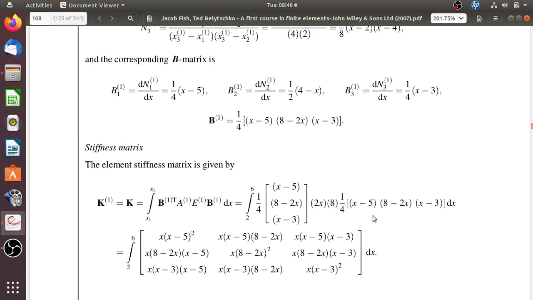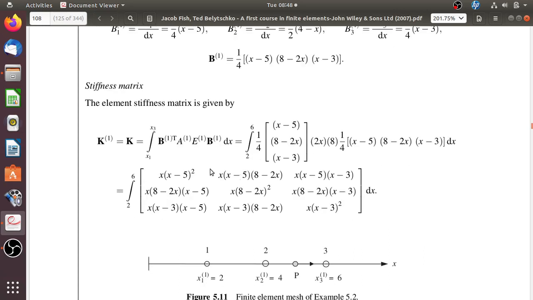If I multiply these things, I will get a matrix. And by integration we mean integrating each component of this matrix.